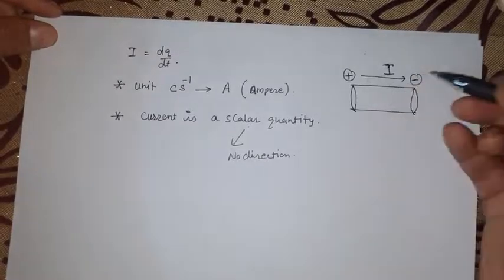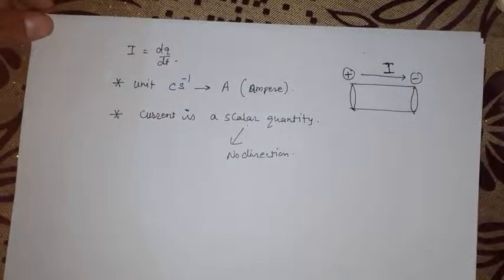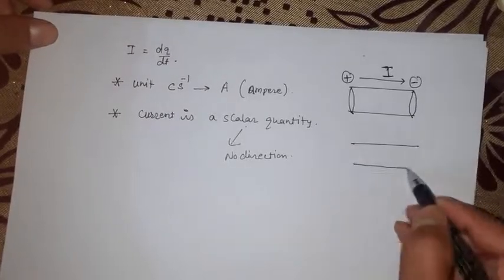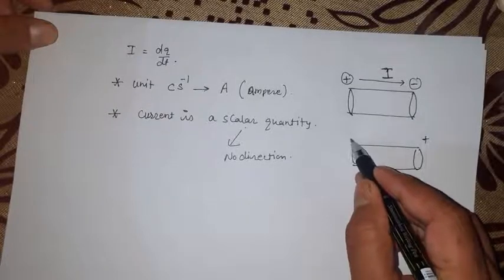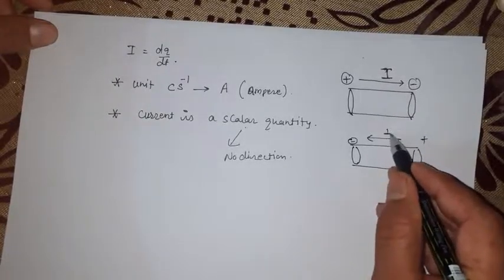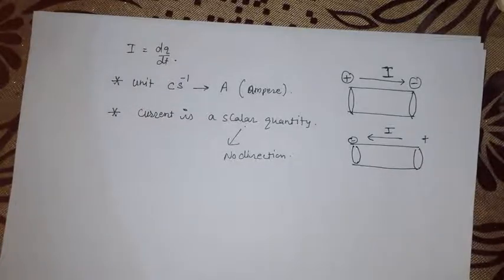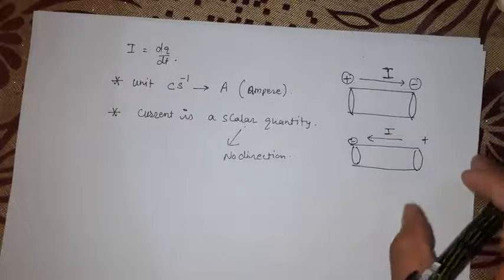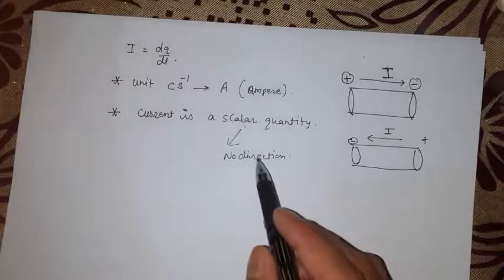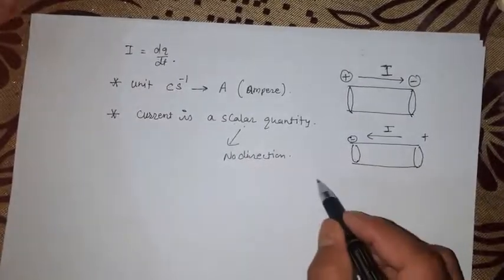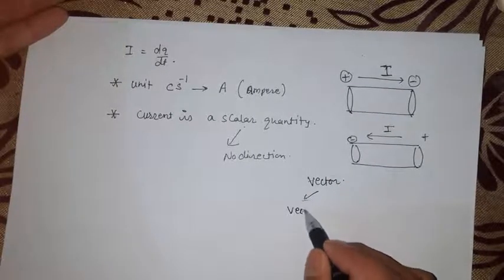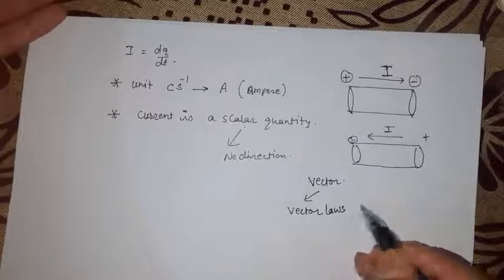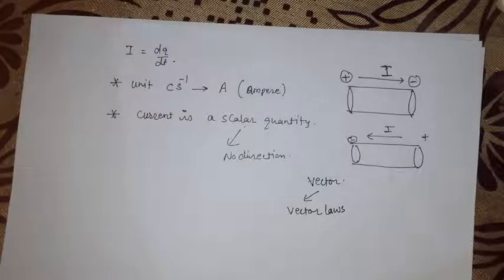So it means that it should have a definite direction. If we maintain this other end at a high potential, and this end is at low potential, then the current will come in this way. That indicates there is a definite direction, but actually that is not enough for a vector quantity. Vectors also follow vector laws.